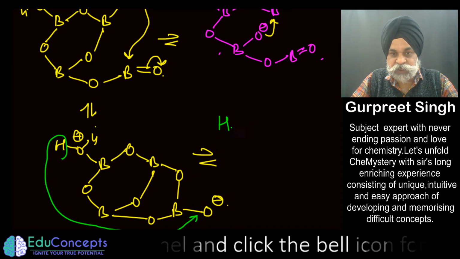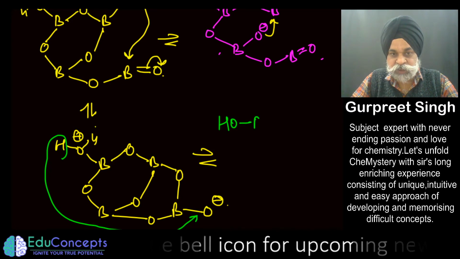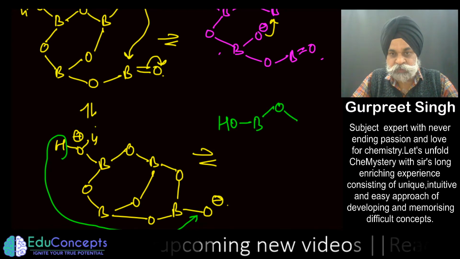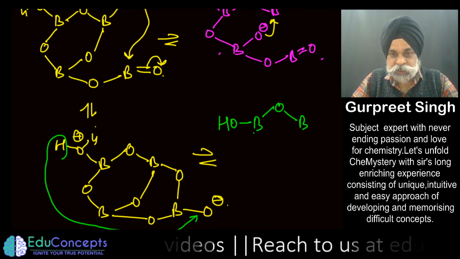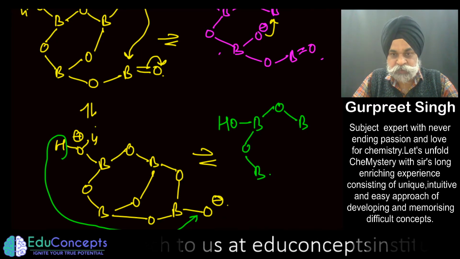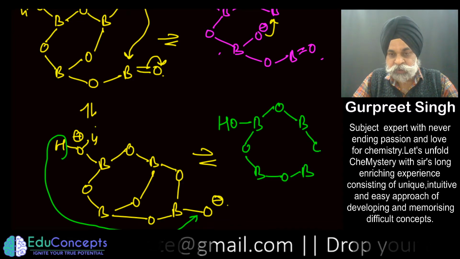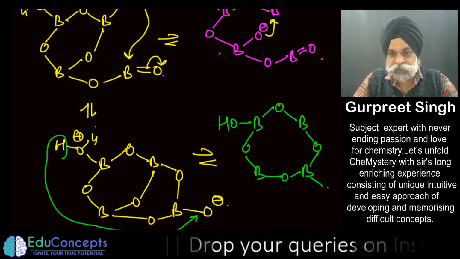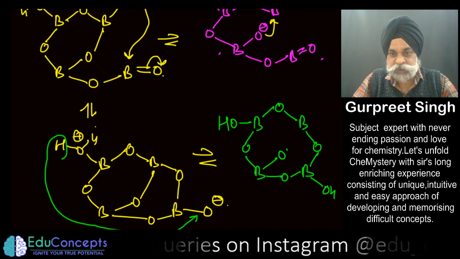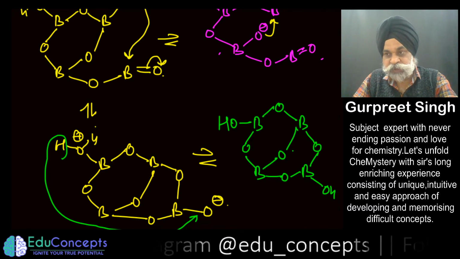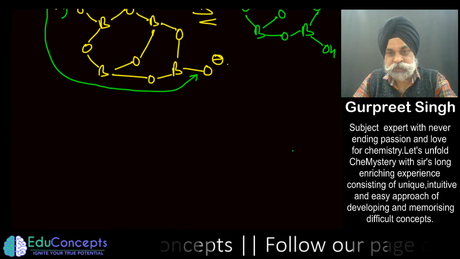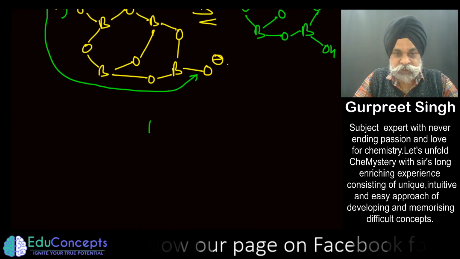So ultimately, what we achieved is BOH. So this is BOB, oxygen, boron, oxygen, boron, oxygen, boron, and on this side also OH, and these are joined to each other. This is what you call tetraboric acid. Now let me place it once again.